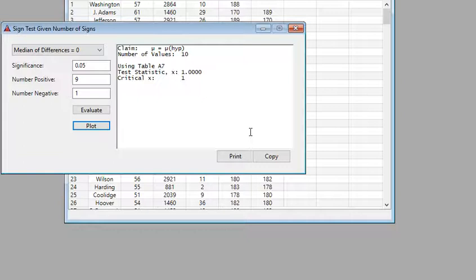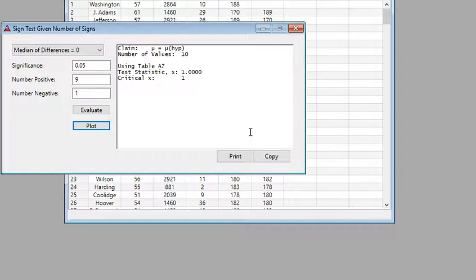Table A7 is going to show you how to decide whether or not to reject or fail to reject based on the size of our test statistic. The test statistic is going to be the smaller number of positive or negative signs.